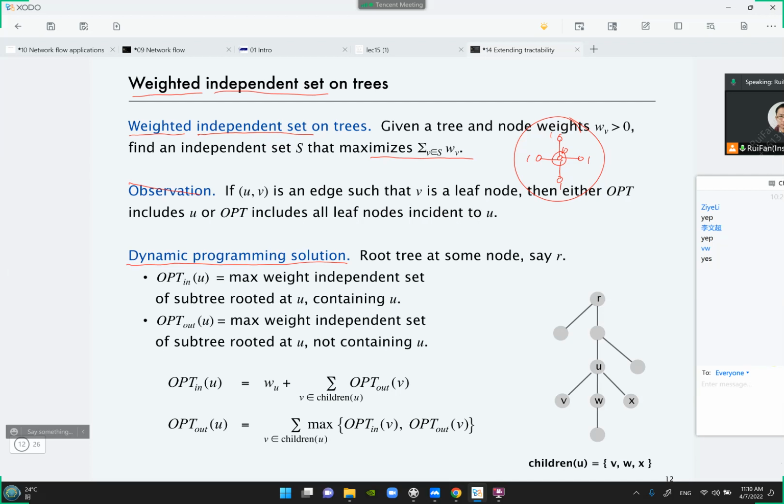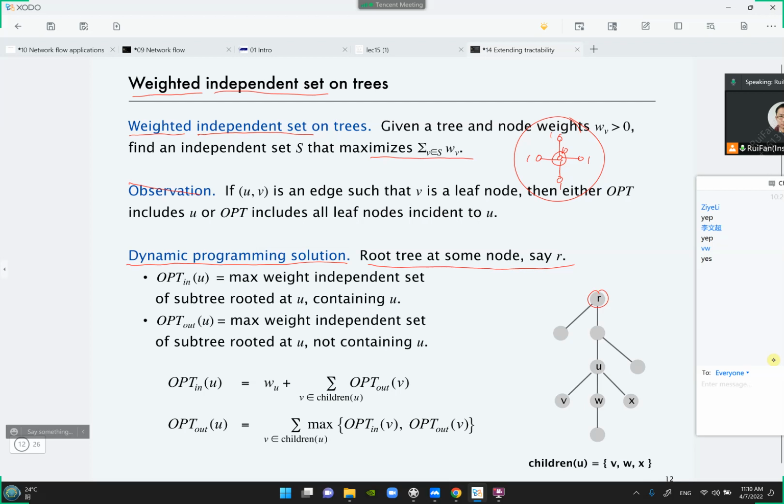So instead, we're going to go for a dynamic programming solution. What we're going to do is take this tree and root the tree at an arbitrary node. For example, let's pick this node to be the root. The reason you want to pick roots is because once you have a root, then you can start talking about subtrees.